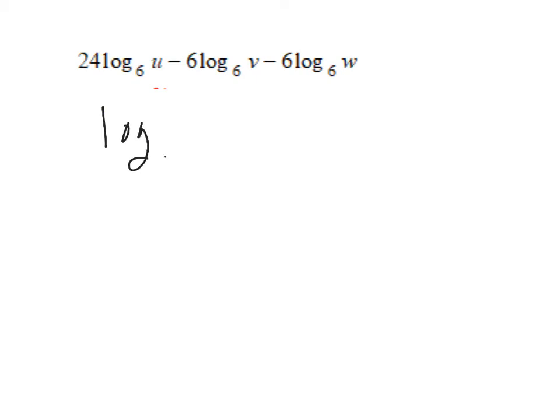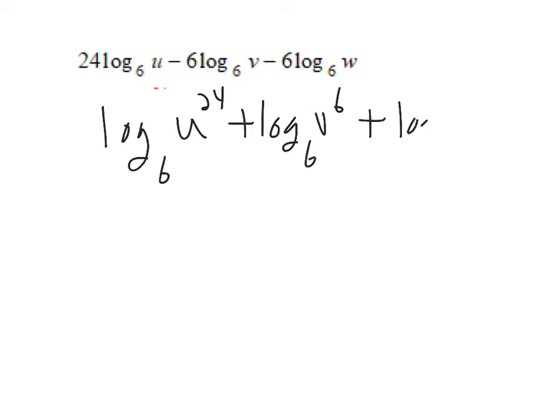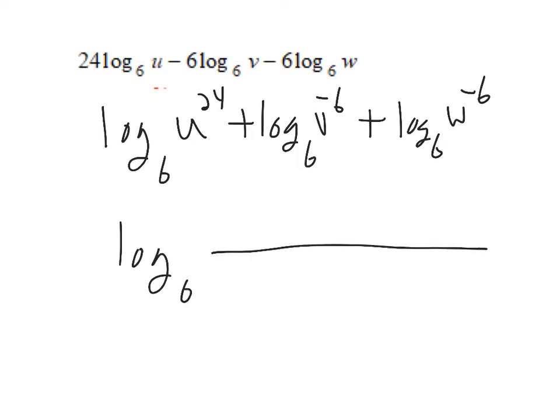So log base 6 of u to the 24th plus log base 6 of v to the 6th plus log base 6 of w to the negative 6, and negative 6. So then we could do that same kind of deal. I don't know if you remember that from the last video, or the last problem. I went u to the 24th, v to the negative 6, w to the negative 6.